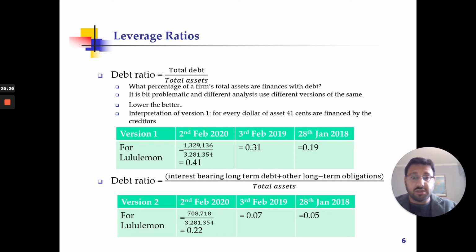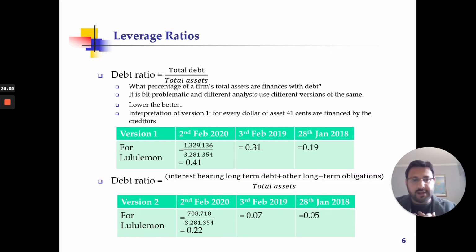I'm ignoring the three zeros in both the numerator and denominator, in both version 1 and version 2 of the debt ratio for Lululemon. Because I already know the context, that the firm is not subject to much risk when it comes to debt, I'm okay with version 2 for Lululemon.